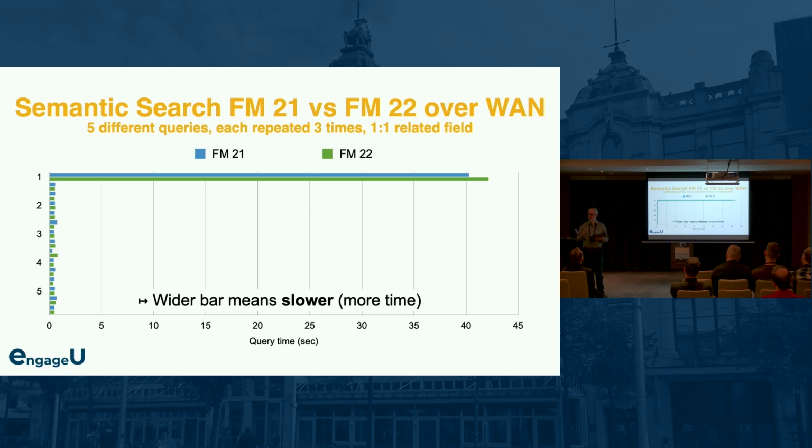So I was testing with FileMaker Pro over a wide area network, over the internet, connecting to the server with the same database with 1,000 movies, and I was trying to find the difference in speed between FileMaker 21 and 22, but I didn't find any significant difference. I don't know under what circumstances it will be different, but definitely not with a small database with 1,000 titles.